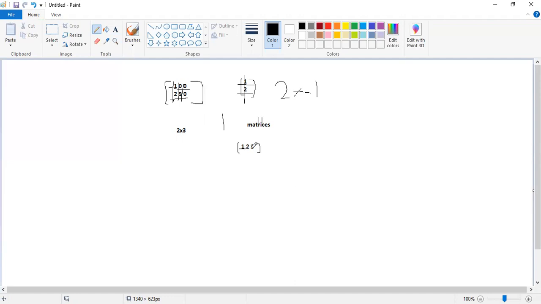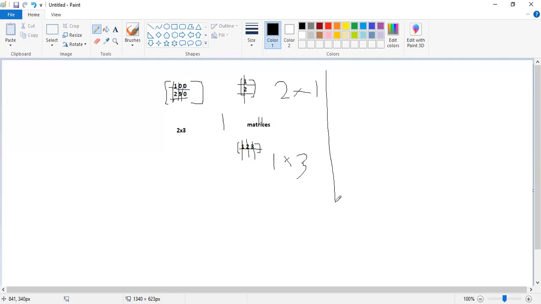When you count, it's only one horizontal part, so it's only one row. The column is the vertical part, so it has 1, 2, 3 columns. So it's a 1 by 3 matrix. Hope you understand.